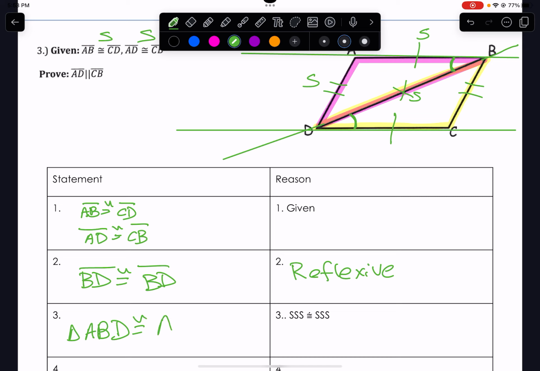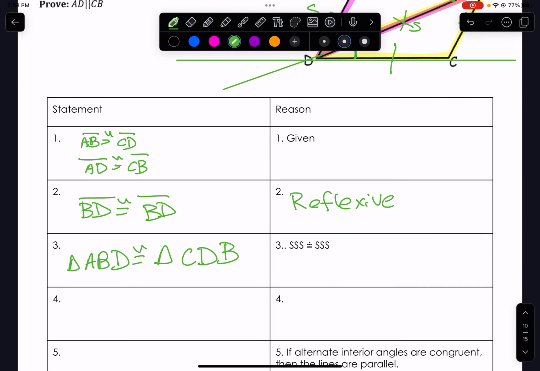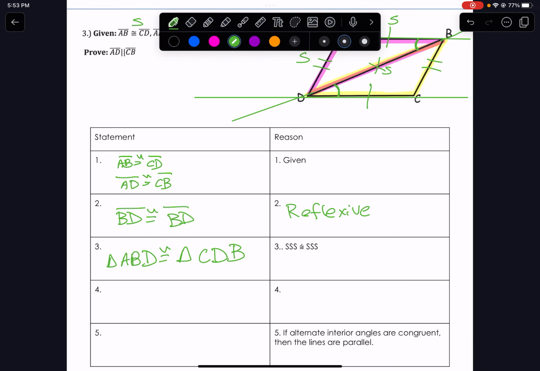So triangle ABD is congruent to triangle CDB by side, side, side. Now we can mark this angle 1 and 2 to make it easier.